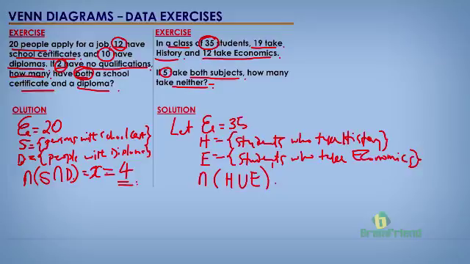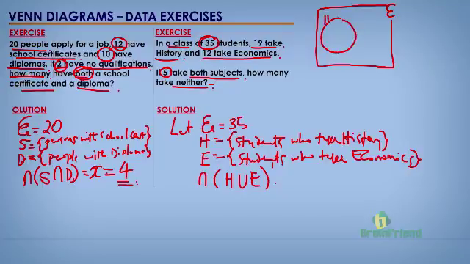Let's draw a Venn diagram with the information that we have so far. So once again, we represent our universal set with the rectangle. The universal set contains our member sets H and E. So let's represent H with our circle here and represent E also with our circle here.